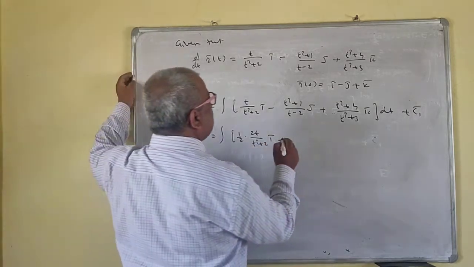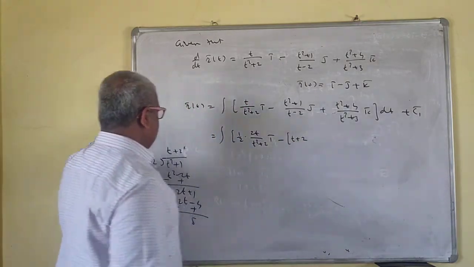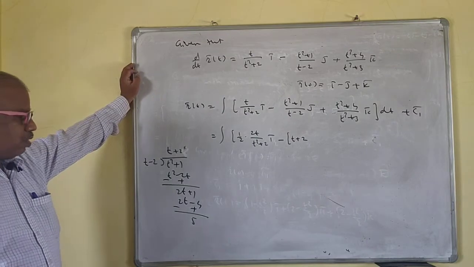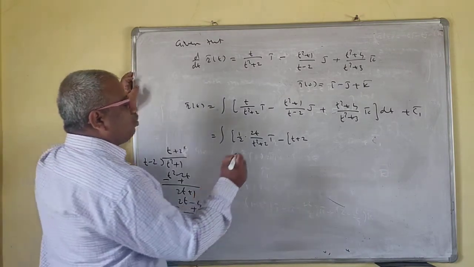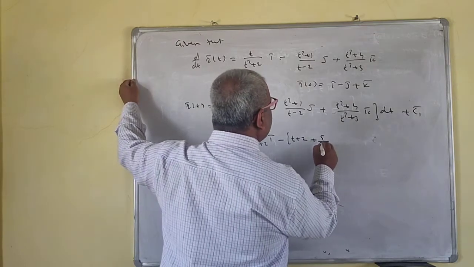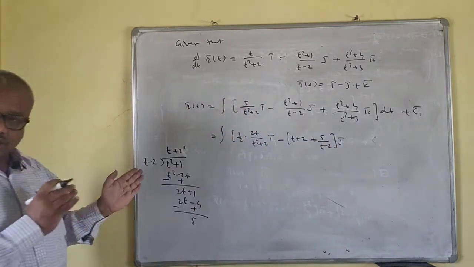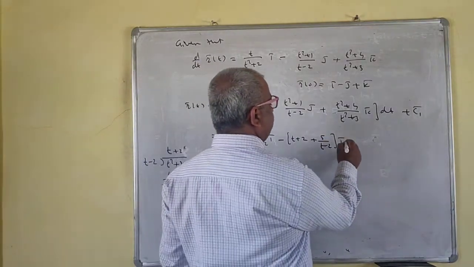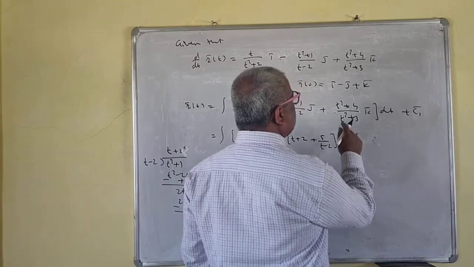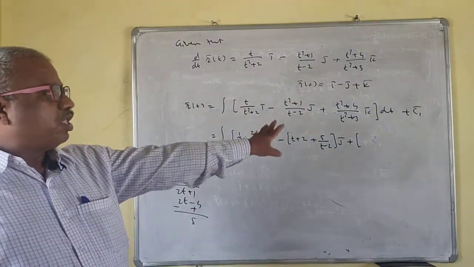So I can write this as the quotient t plus 2, plus remainder upon the divisor. So this is plus 5 upon t minus 2 j bar, so that each term is integrable. Here, 1 upon t square plus 3 is integrable, 1 upon t square.